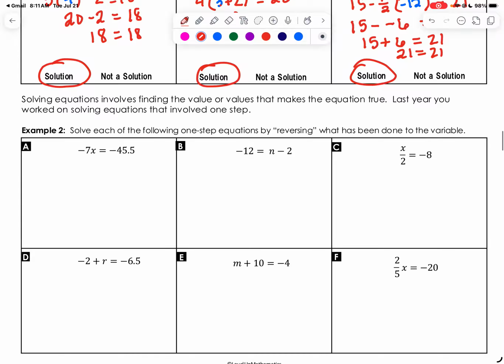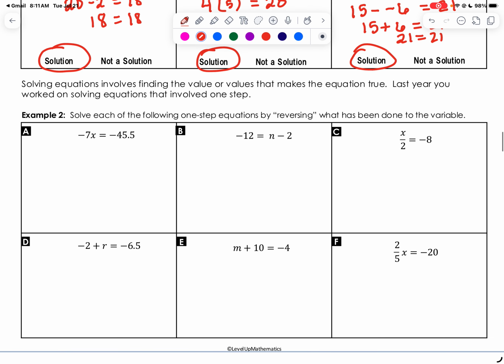So solving equations involves finding the value or values that make the equation true. Last year, you worked on solving equations that involved one step. Let's review those real quick. So in example 2, we're going to solve each of the following one-step equations by reversing what has been done to the variable. So in problem A, we have negative 7 times x equals negative 45.5.